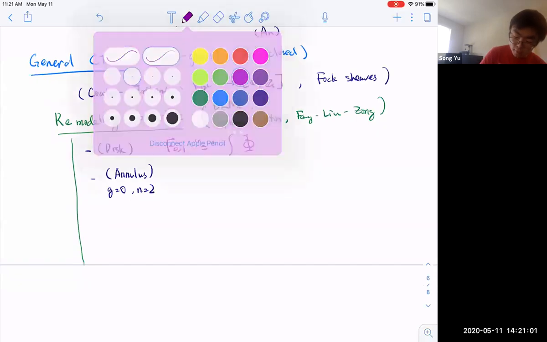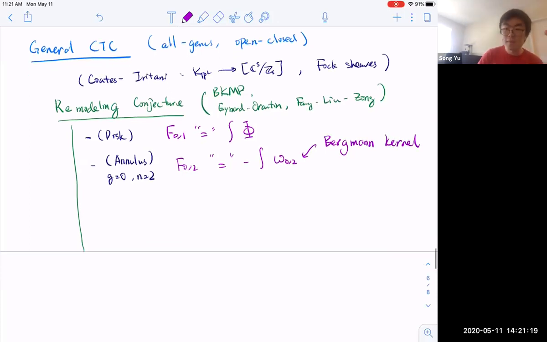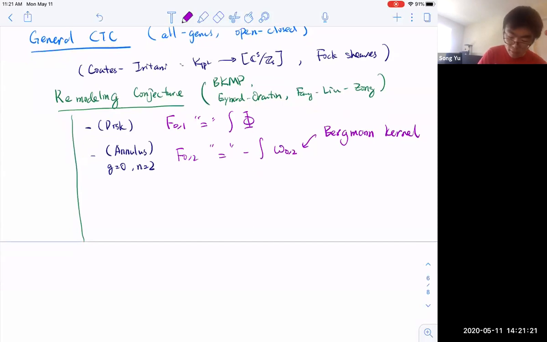In this case, F02 is roughly the same as minus the integral of a 2-form, which is called the Bergman kernel. I'll talk about this a bit more later.